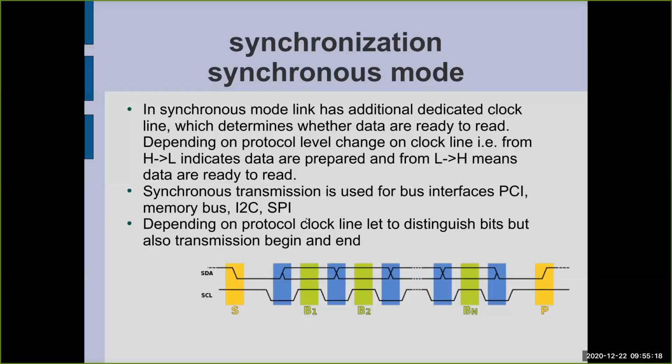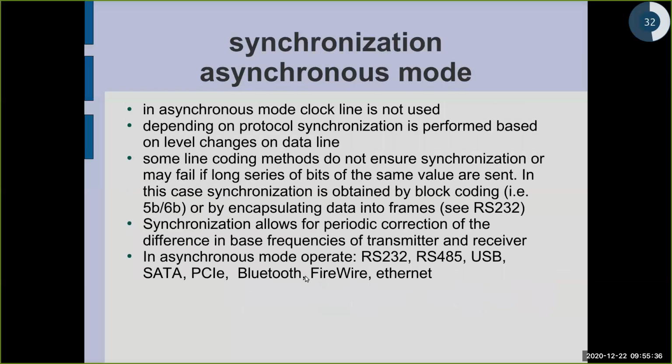So you can see that there are no interfaces like HDMI, USB, PCI Express. So they are not synchronous interfaces. So what is the problem with the clock line? Okay, I will answer this question later.